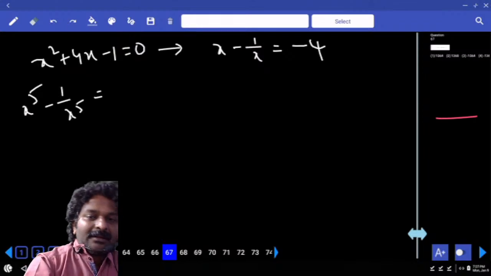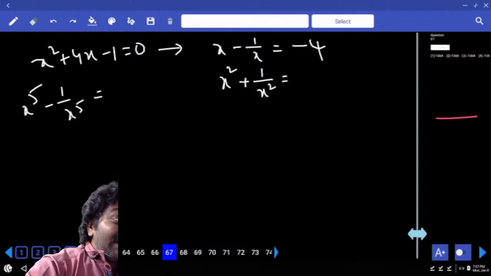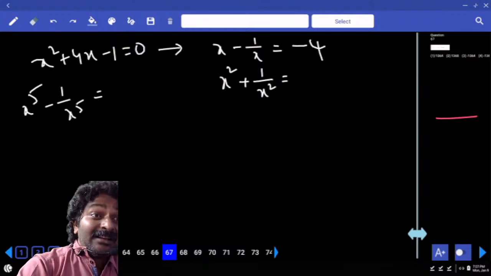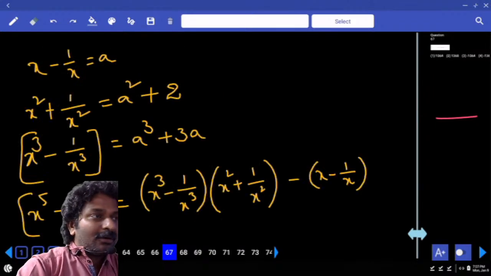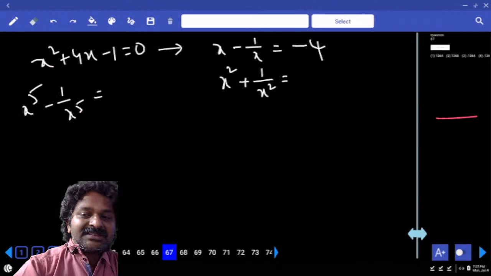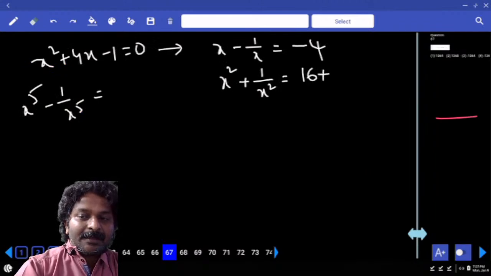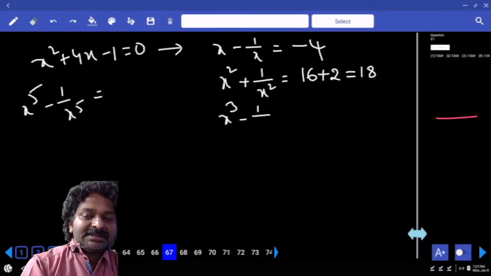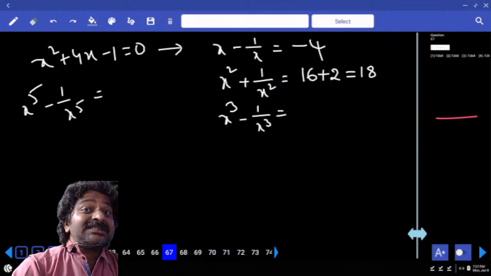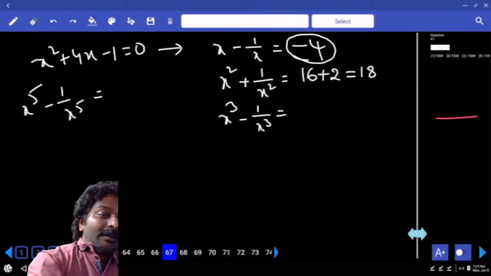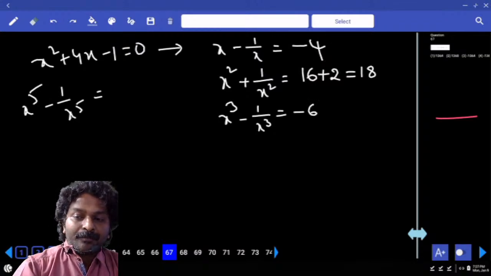Yes. x square plus 1 by x square. How much did you say? a square plus 2. a square is 16, plus 2 is 18. x cube minus 1 by x cube, what did you say? a cube plus 3a. a value is minus 4, whole cube is minus 64.